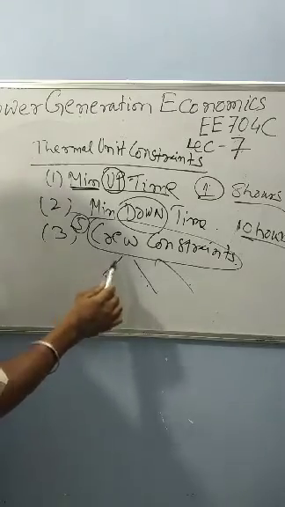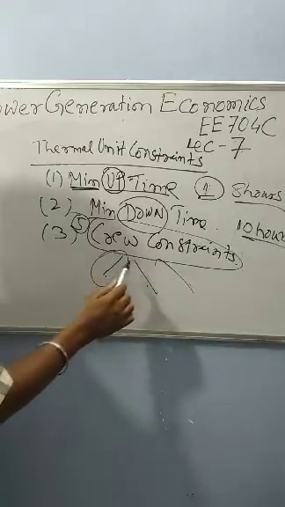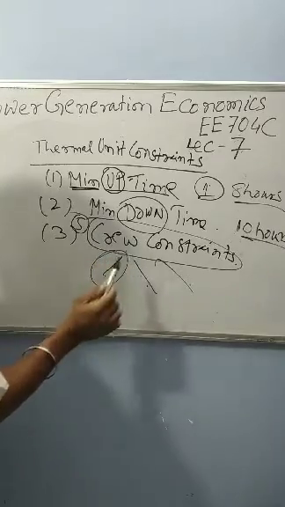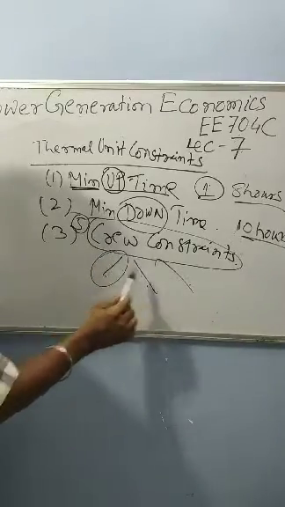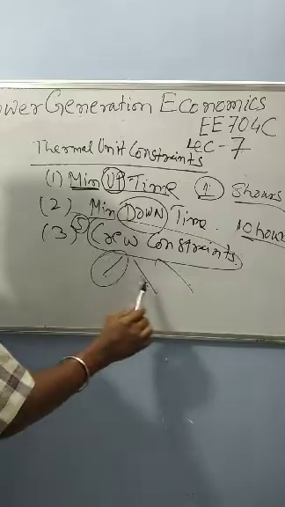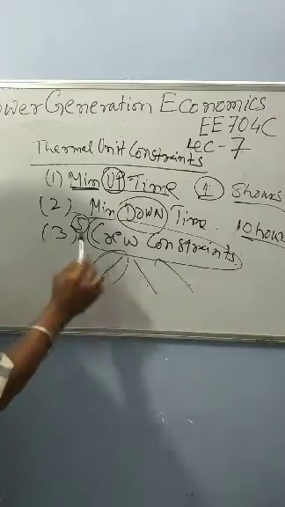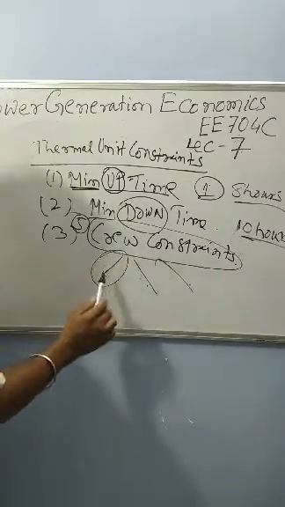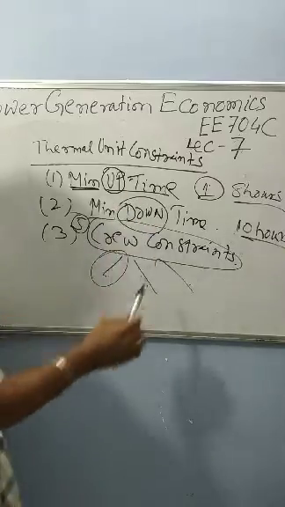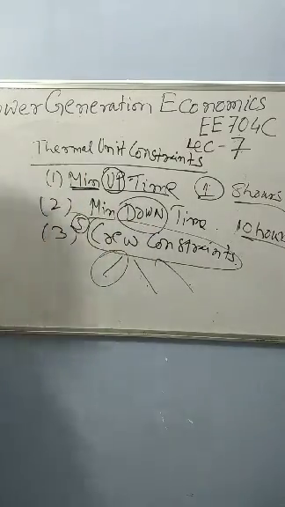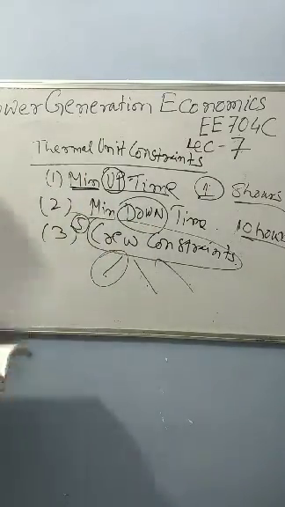If a minimum of 4 crews are required for each unit, then 5 crews can satisfy only 1 generator. So these are all the constraints for the thermal power plant, and we have to see them.